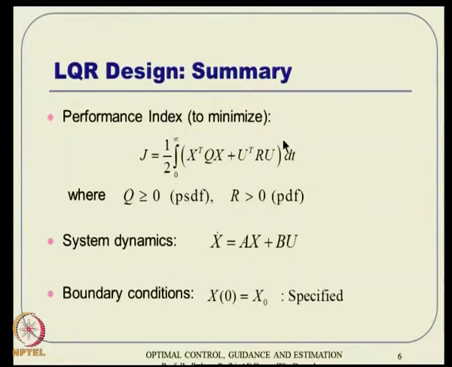The system dynamics is linear, x dot equals Ax plus Bu, and the boundary condition is that the initial condition is known. The final condition is that lambda_f has to go to 0, and since it is infinite time with a quadratic cost function, all these conditions will guarantee that x_f goes to 0 as t_f goes to infinity.